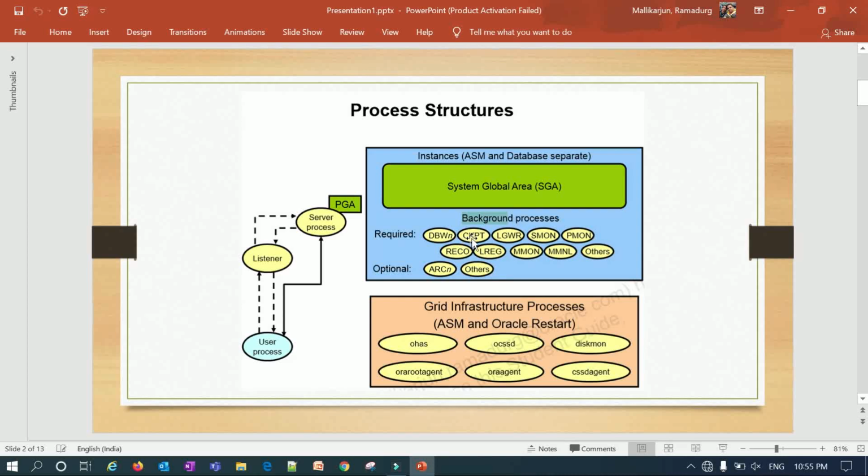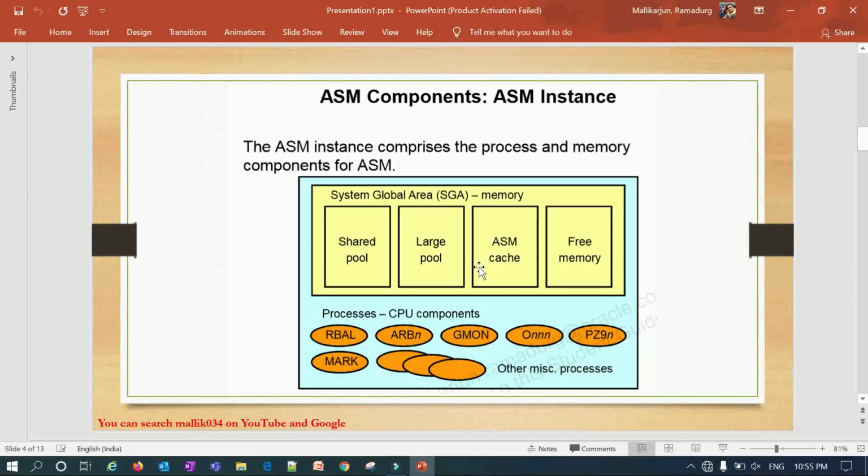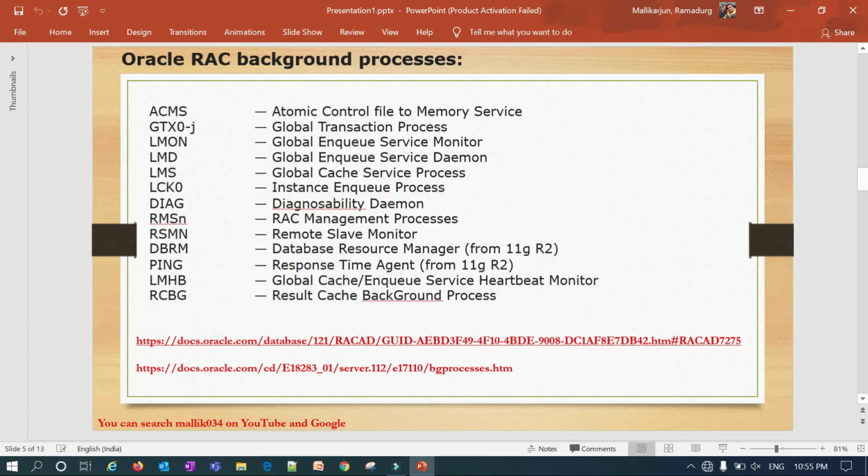The checkpoint, log writer, and SMON are related to the database or instance specific background processes. In a RAC configuration, how cluster node communication and cluster synchronization happen is managed by a set of background processes, which we call RAC specific background processes.